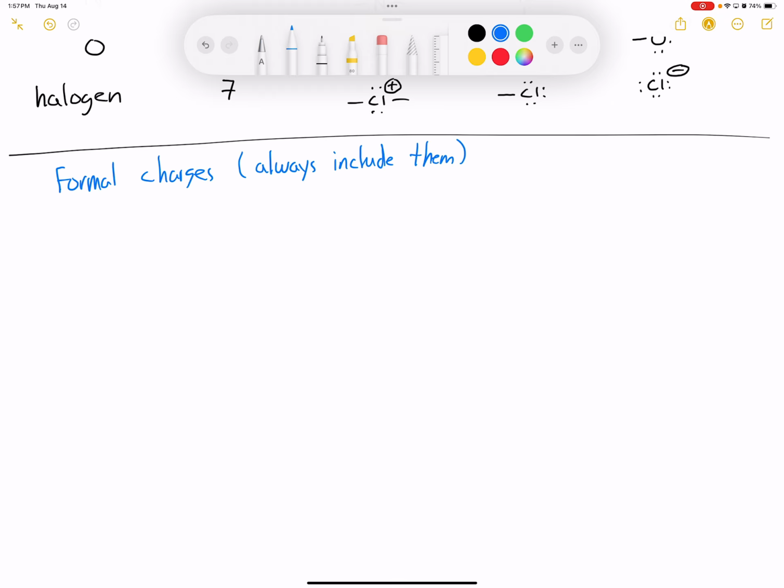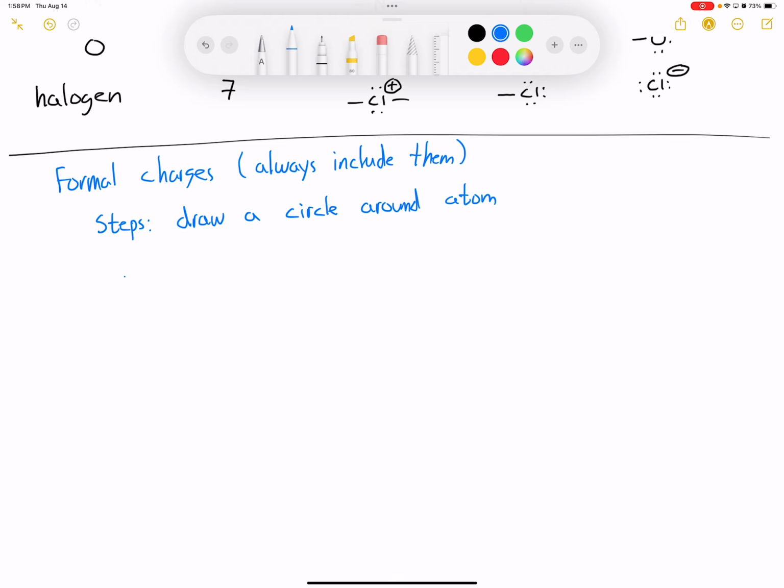I kind of edit it a bit. Maybe they do the same thing. So here are the steps. Okay. So to determine formal charge, the first thing you should do is draw a circle around the atom. So this is a circle method, okay?